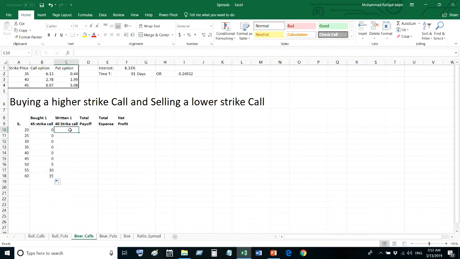And for writing a 40 strike call, always negative before maximum, since it's a call, so spot price negative strike price, it's 40 here, or 0.